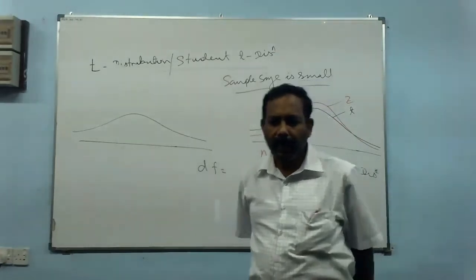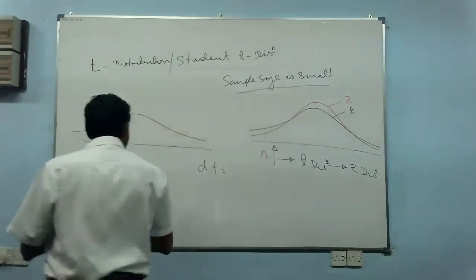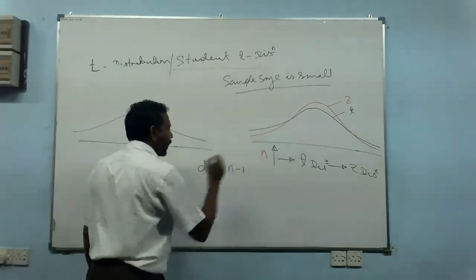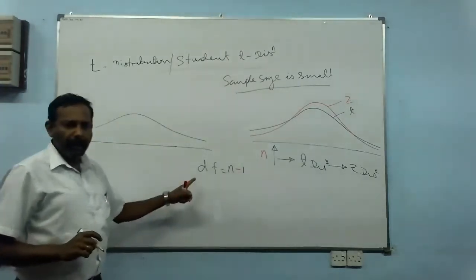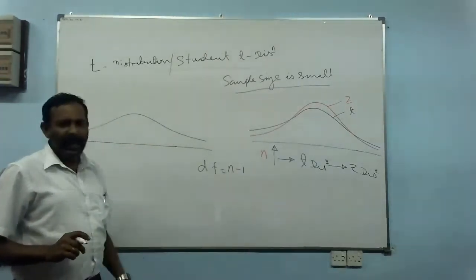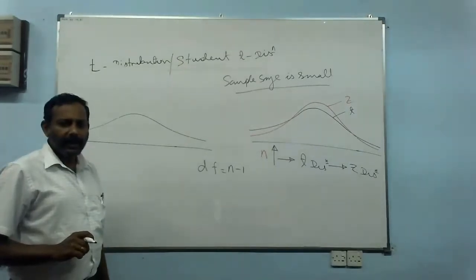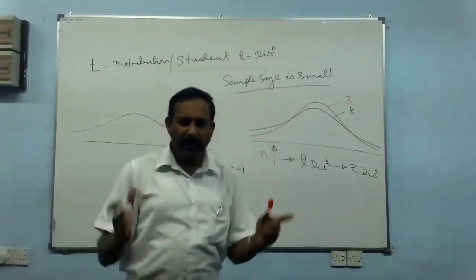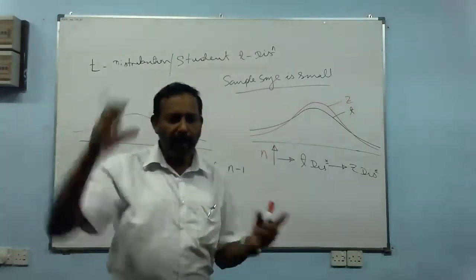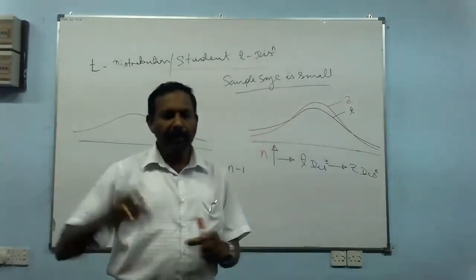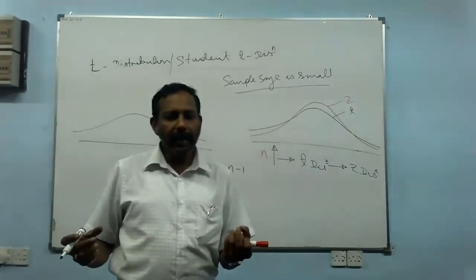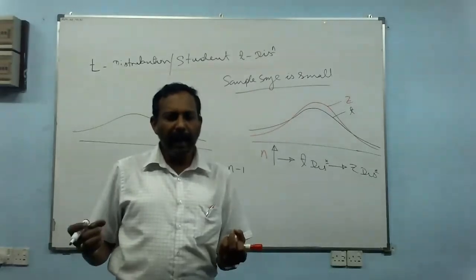Degrees of freedom is the number of total observations minus 1, n minus 1. And you remember, I took an example saying 10 balls are in a box, taking one by one. The last ball will be dependent, so the degrees of freedom is n minus 1.